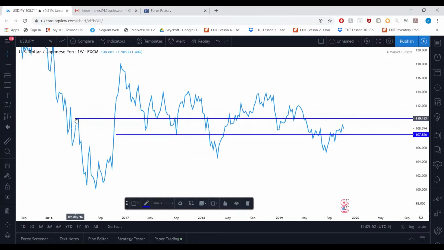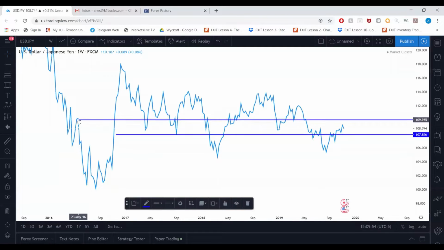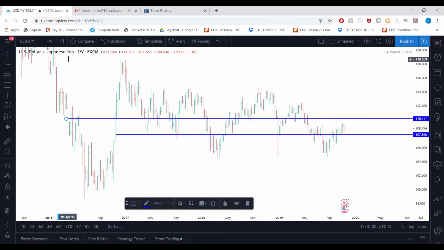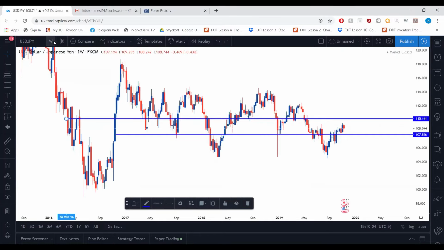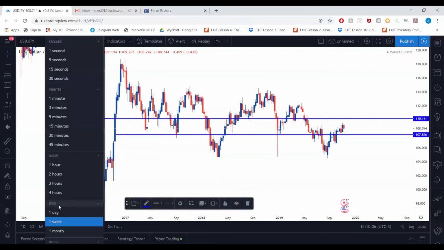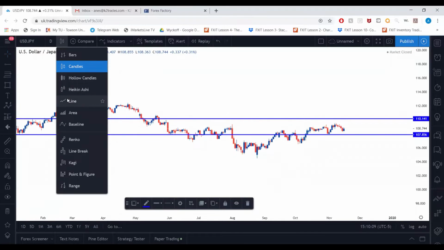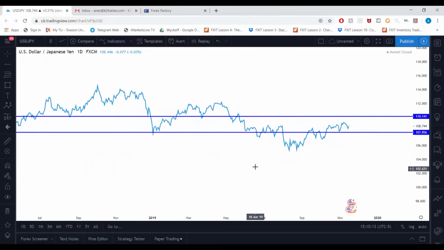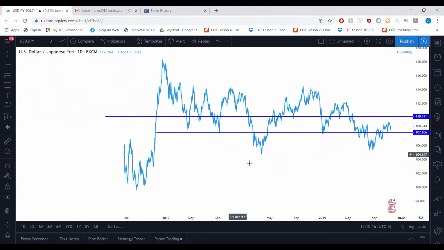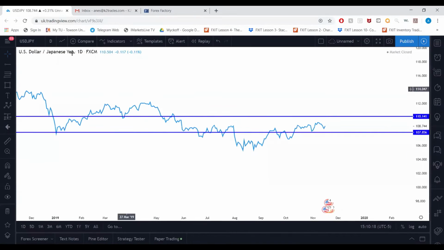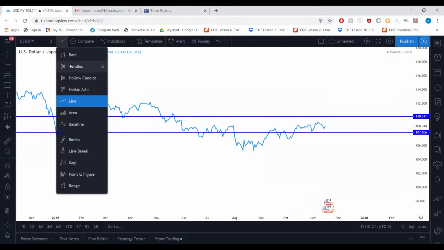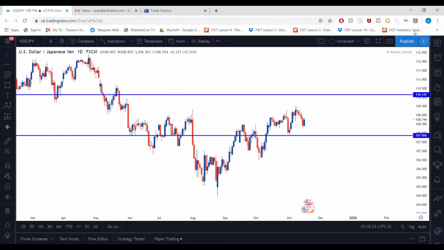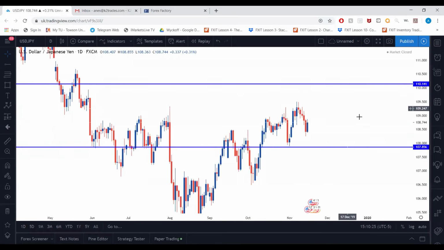How high do you see UJ going? Let me see, I'm looking at my charts right now. I think for this cycle it should be around 110. Yeah, I have 110.141. The same, exactly. So anything above 110 is a sell for me in UJ.